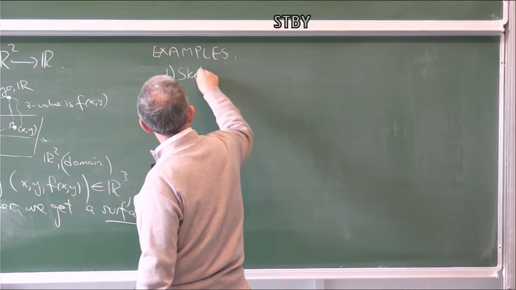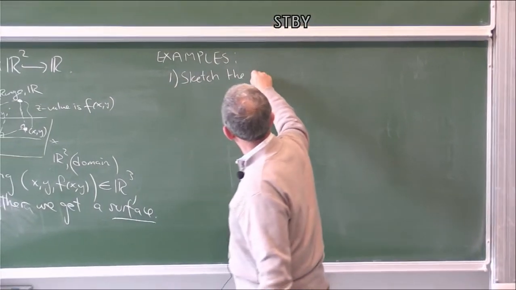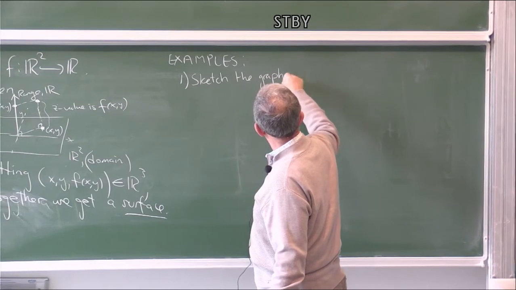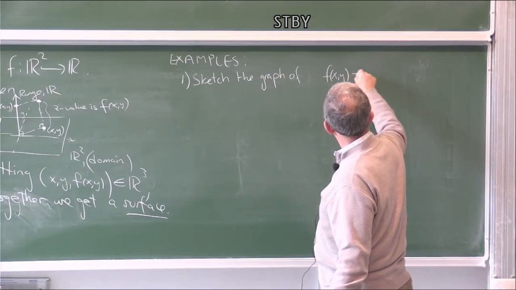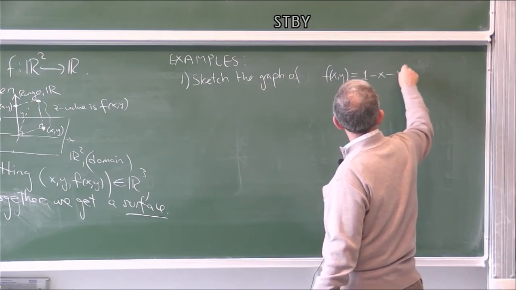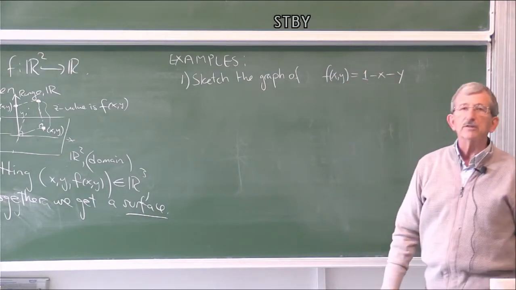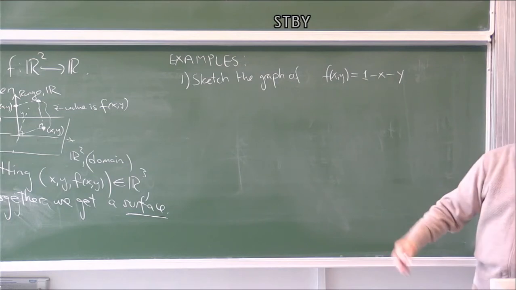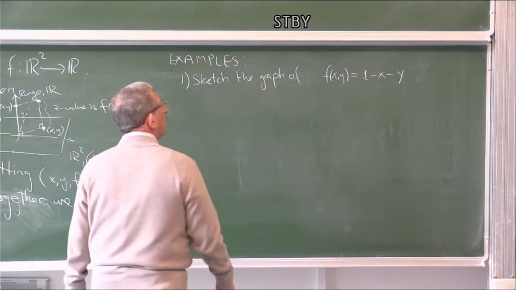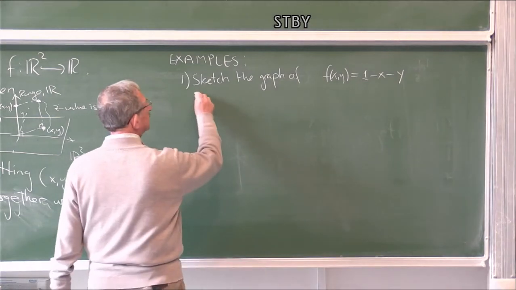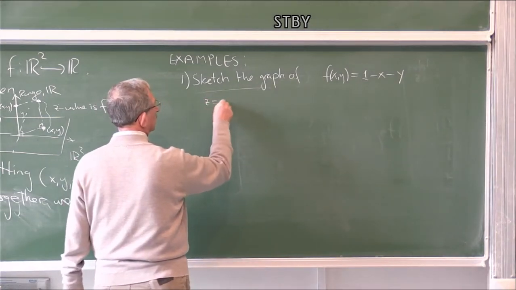Sketch the graph of f of xy equal to 1 minus x minus y. Now, this is a degree 1 polynomial. We want to sketch its graph. Well, the graph is, of course, the following.